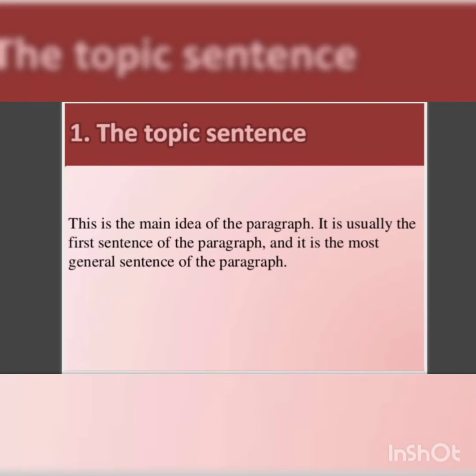We have already discussed these things, but here is another slide to talk more about the topic sentence. This is the main idea of the paragraph, the topic sentence, very important. It is usually the first sentence of the paragraph, and it is the most general sentence of the paragraph. Every paragraph has this opening sentence, this topic sentence, at the very beginning, at the very top of it.